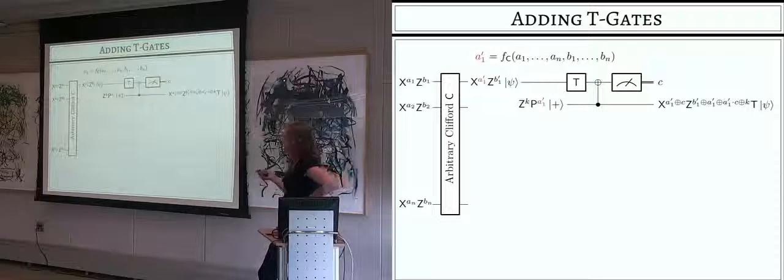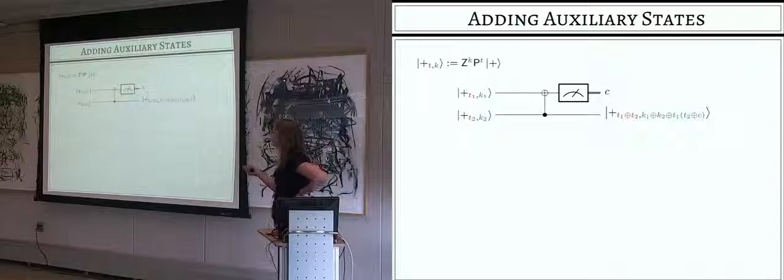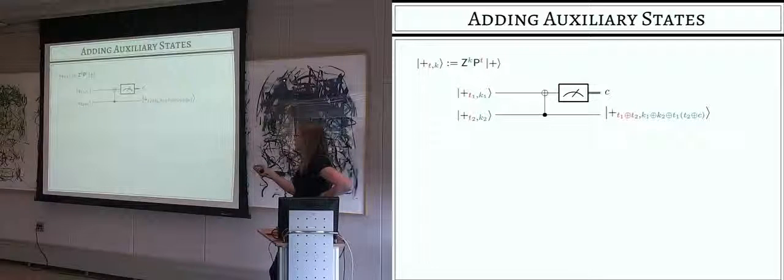So we're going to use the following trick. We can think of these plus states as hiding P corrections. So this hides a P correction of T. If we have a plus state that hides a P correction of T1 and another plus state that hides a P correction of T2, we can turn this into a plus state that hides a P correction of T1 plus T2 mod 2.